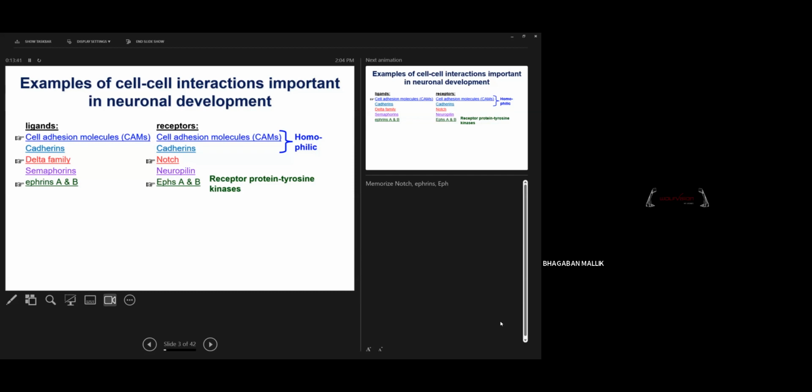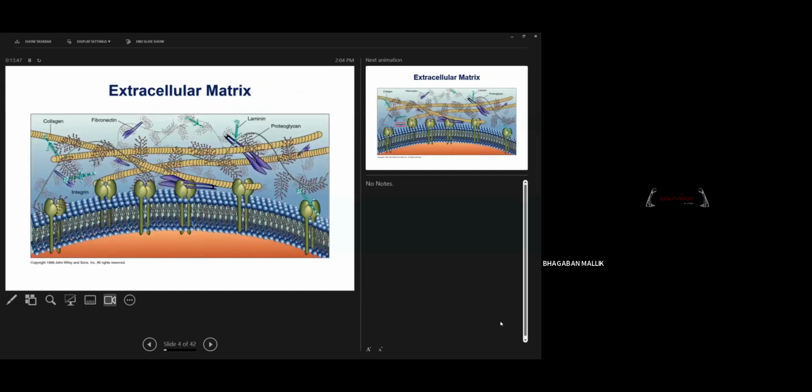These are called receptor protein tyrosine kinases. Another thing you should remember is that the extracellular matrix is also important during neuronal development. The integrin plays an important role in the development of the nervous system. We'll also highlight this in the next section, in the next class.